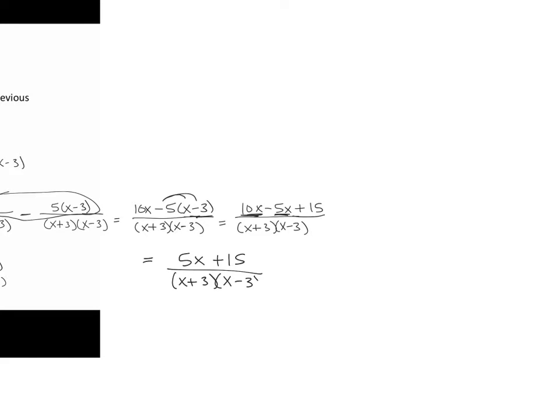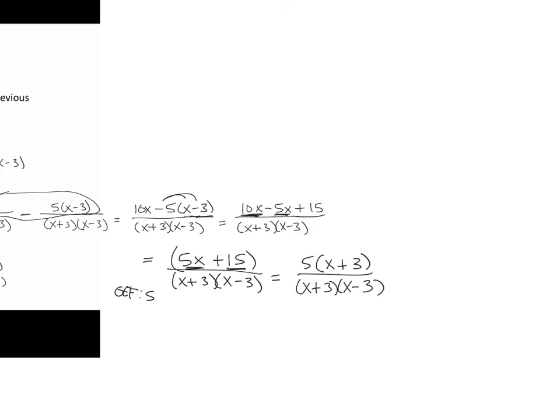And surely I'm done, right? No, because now I need to see if I can simplify this expression. So I'm going to see if I can factor the numerator. Is there a common factor here? Yes. There's a common factor of 5, so I'm going to factor that out, divide to see what remains. And in that case, that's going to be an x plus 3.